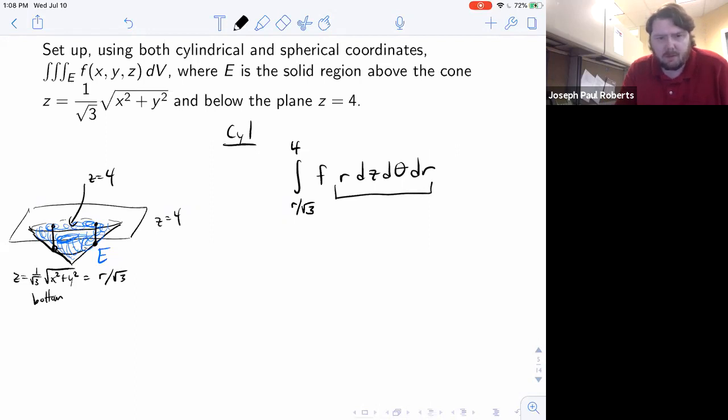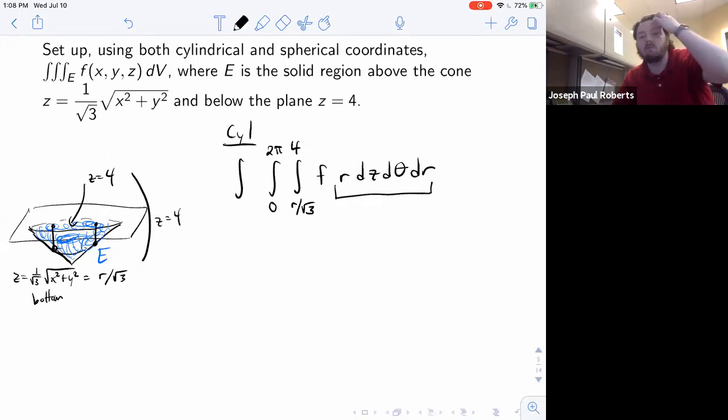From there, all we have to do is figure out our r and theta bounds. Pretty clearly, we're going all the way around the z-axis, so theta is going to go 0 to 2 pi. And then for r, we need to figure out when r over root 3 equals 4, so we're intersecting the cone and the plane.